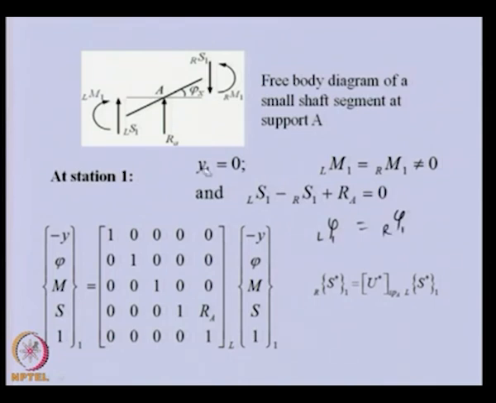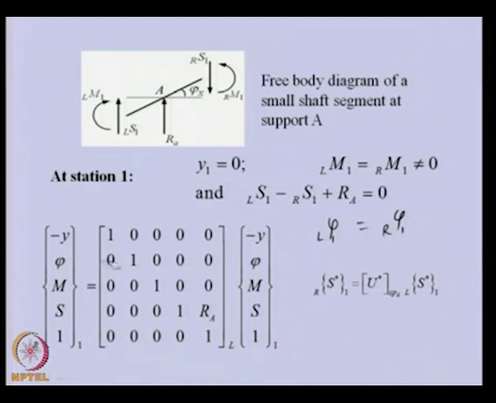You can see this matrix, in which I have combined all these equations. What do they represent? The first equation is minus y right of 1 equal to minus y left of 1. Basically, both are 0, so they represent 0 equal to 0. Similarly, the second equation is the one in which the left and right slopes are the same.